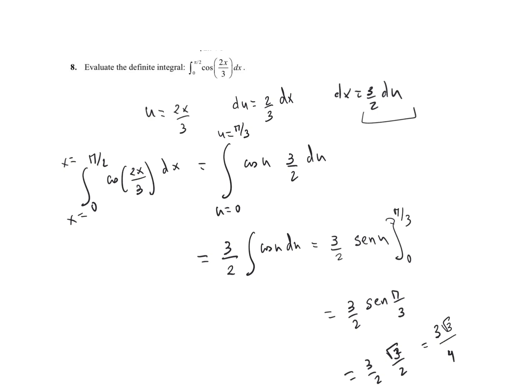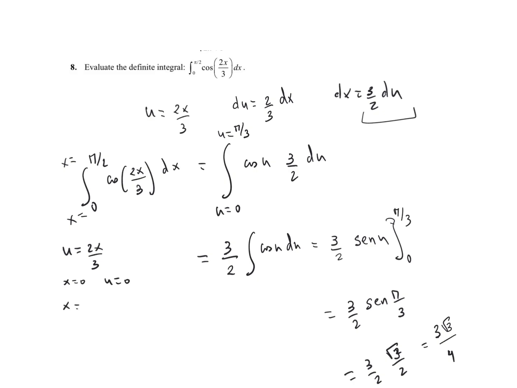So the integral goes from x equals 0 to x equals pi divided by 2. Because I have chosen u to be 2x divided by 3, when x equals 0, u equals 0.